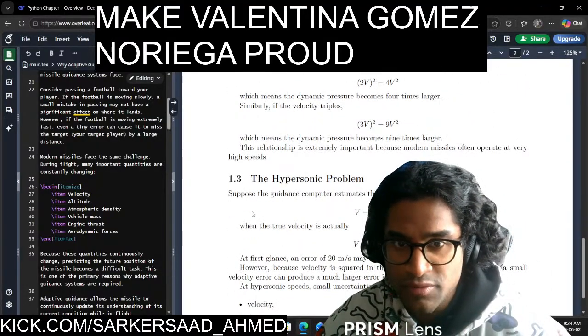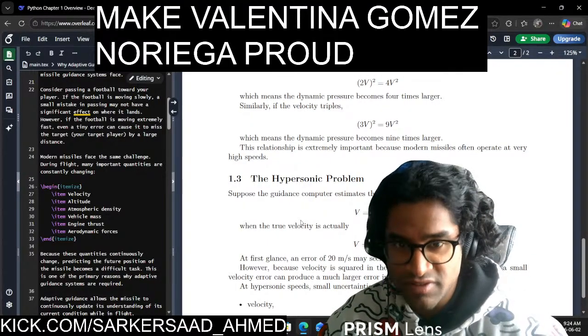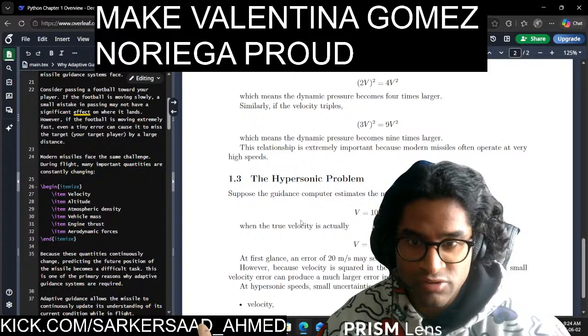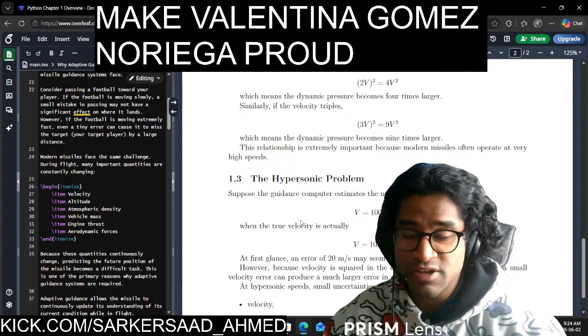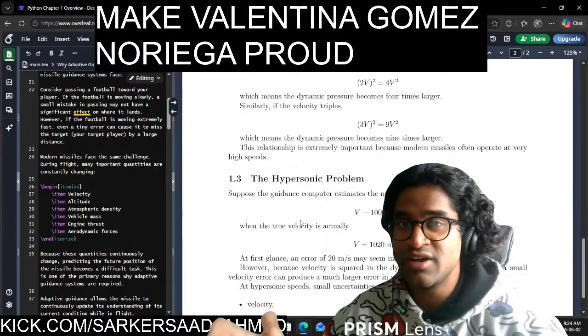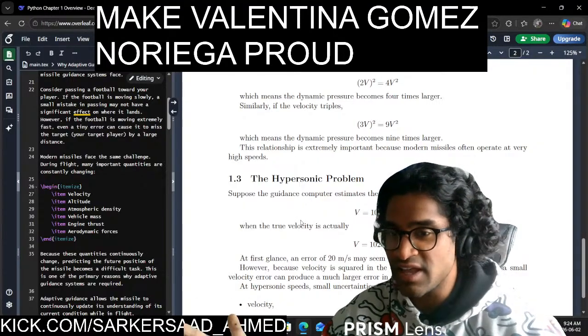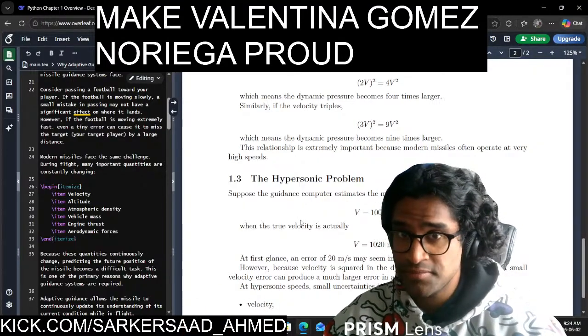The hypersonic problem. Suppose the guidance computer estimates that the missile velocity v is equal to 1000 meters per second, where the true velocity is 1020. So there is an error. A 20 meters per second error is extremely large. You must understand that even a 3 meters per second error is considered large enough.